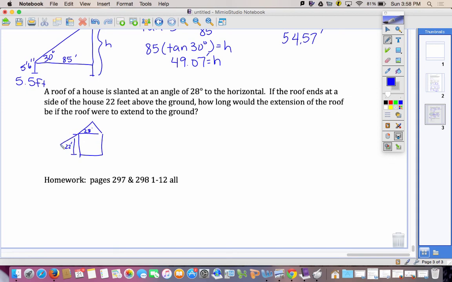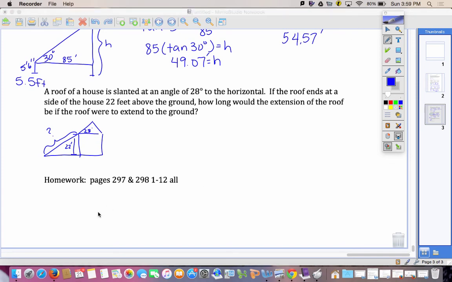So I'm asked, what is this distance right here? That's my unknown, so I'm just going to put a question mark there. So take a minute, think about it, and decide what you're given, what you know, and what you're looking for.